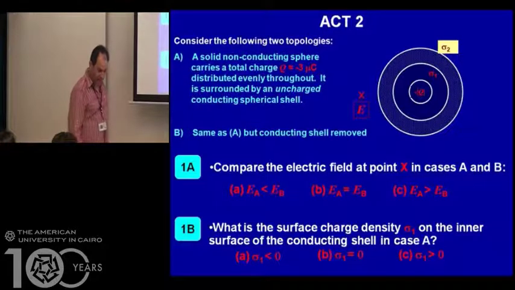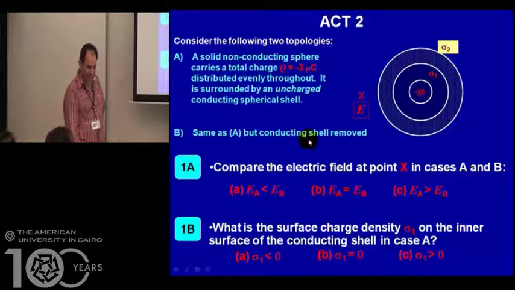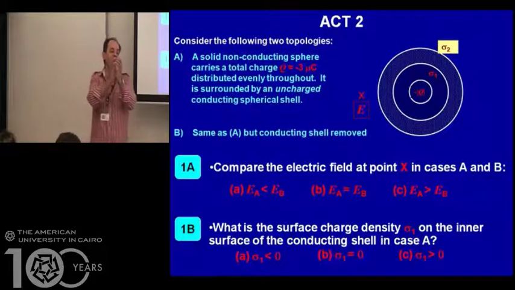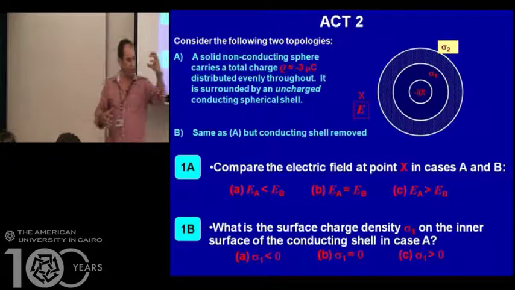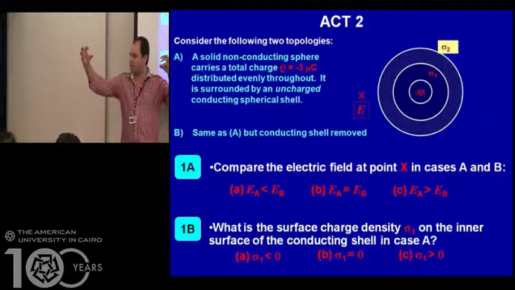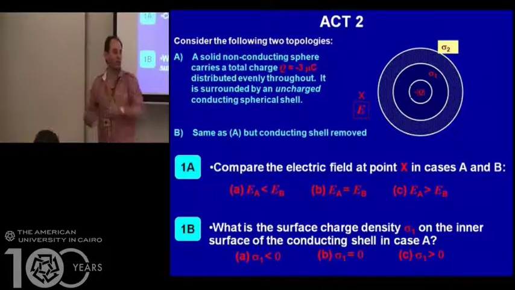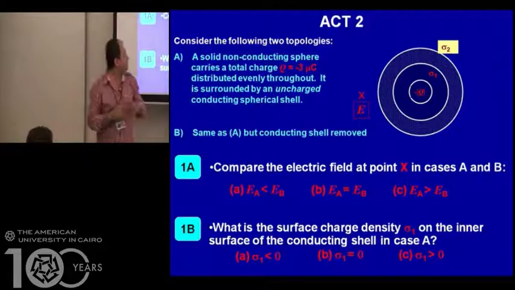This is case A. Case B is exactly like case A, but the spherical shell is removed, so we have only the sphere. So the sphere surrounded by a conducting shell is case A. Those are the two cases.